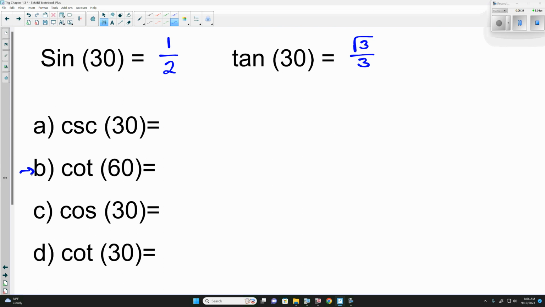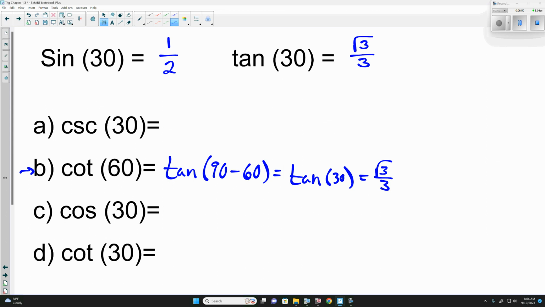Well, this is the same as saying tangent of 90 minus 60, which is tangent of 30, which is our square root 3 over 3. So cotangent of 60 is the same as tangent of 30. We get the same value.